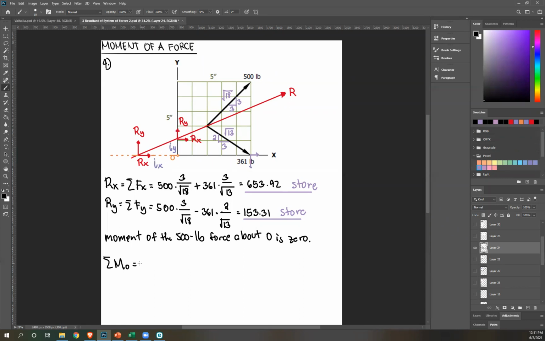Y component is 361 times, once again, y component, so vertical, 2 over square root of 13, or you can just copy what you wrote earlier. And then distance. This is your y component. Perpendicular distance is this. Count the boxes. 1, 2, 3, 4, 5. And that is equal to 5 inches times 5. Please compute what's the answer.